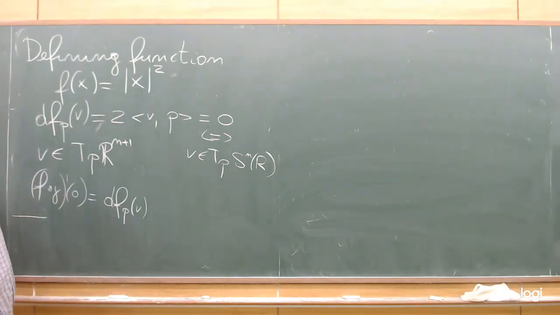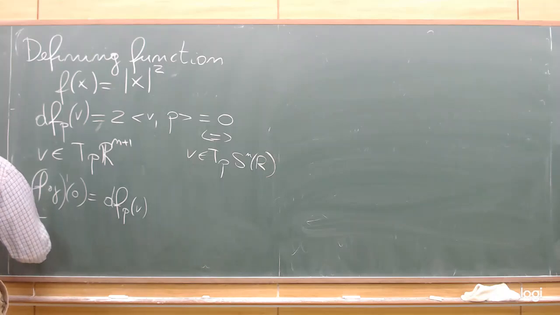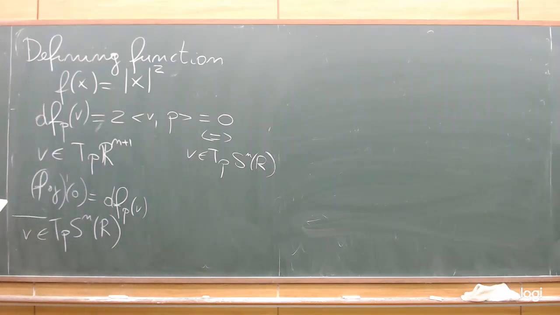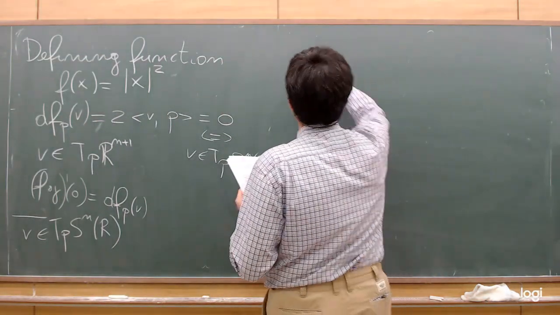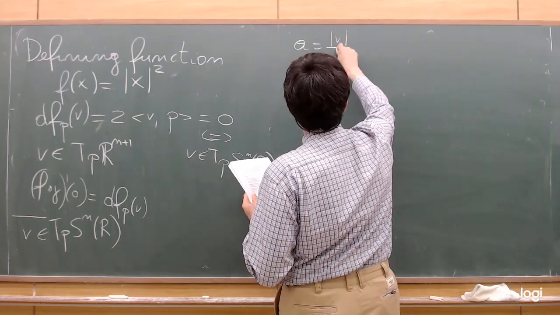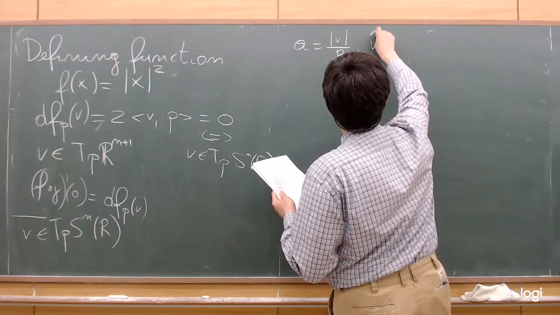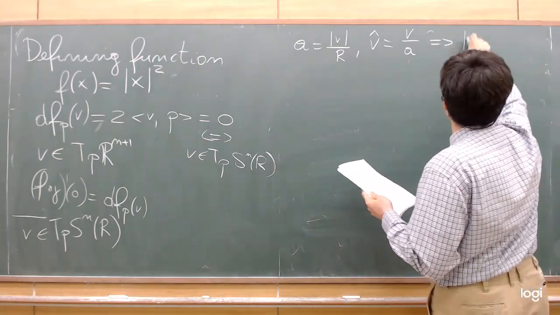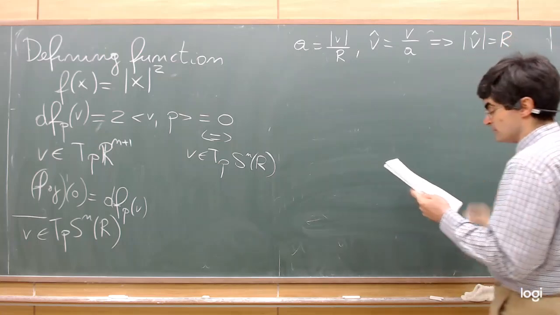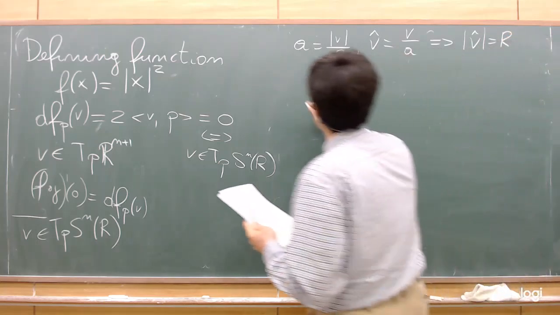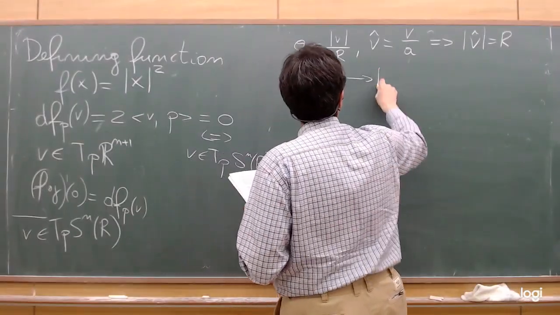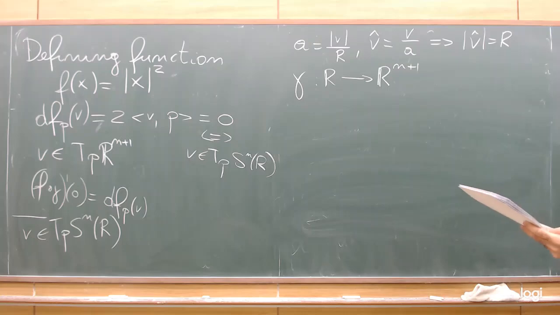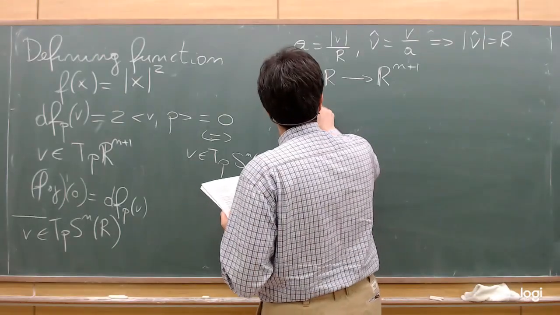Now suppose that V is in T_P S^n_R, then we can define a equal length of V over R, V hat as V over a, and this implies that the length of V hat is R. Now we consider gamma defined on R with values in R^(n+1), defined this way.